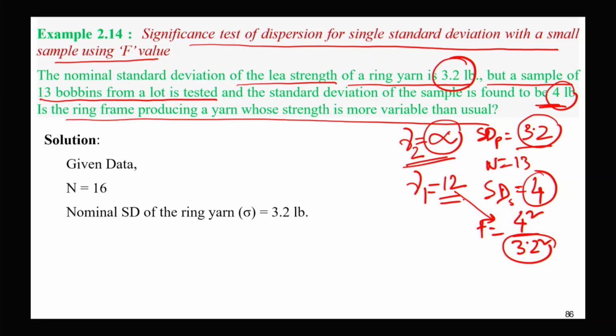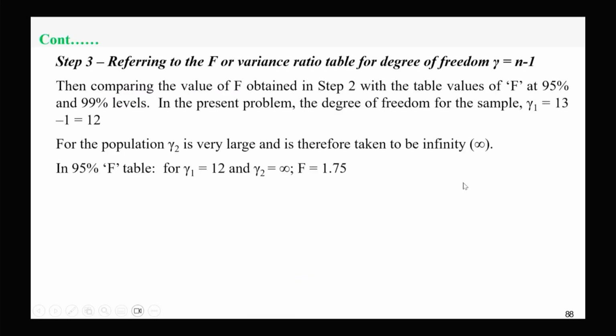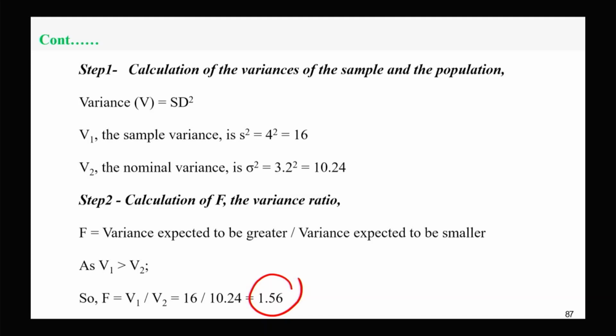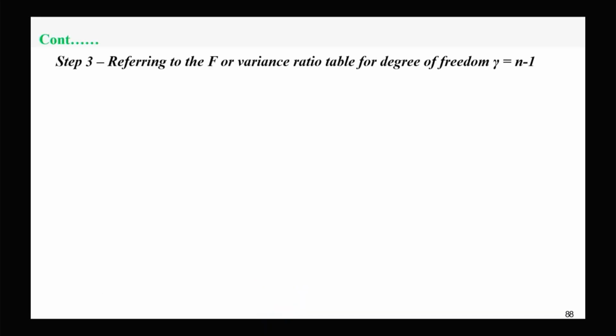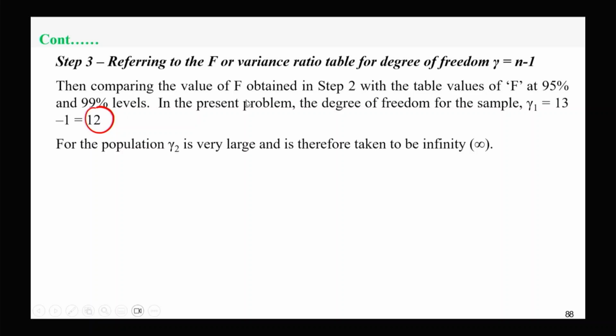So for the test we have to calculate the degrees of freedom: 12 and infinite. As the nominal is in the denominator, gamma 2 will be infinite.